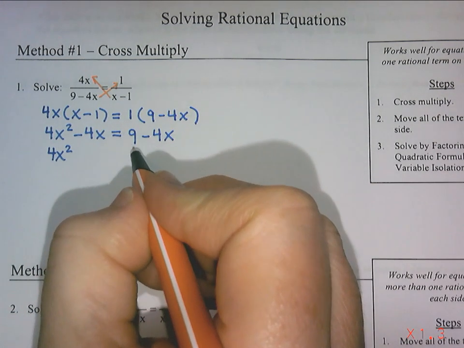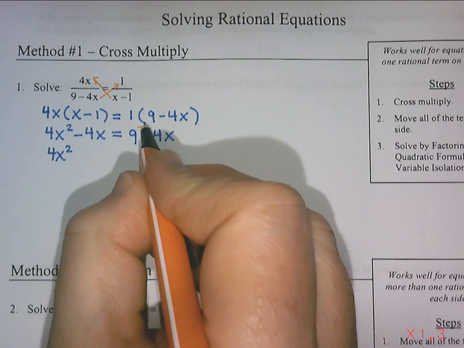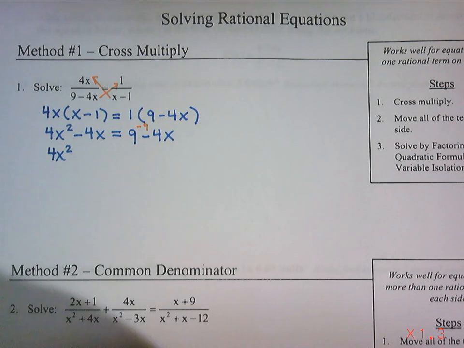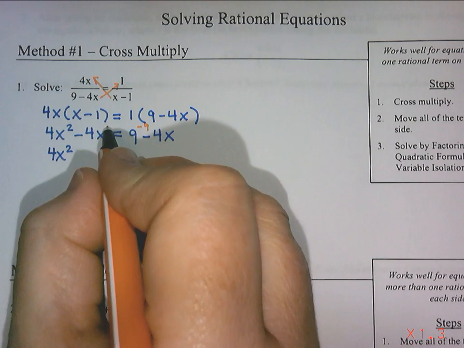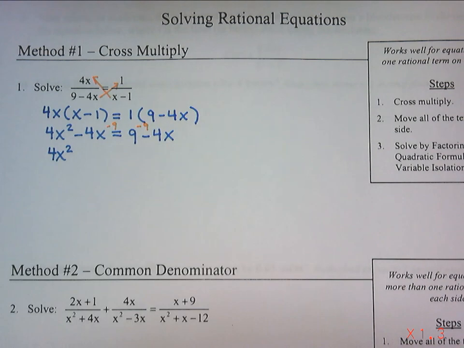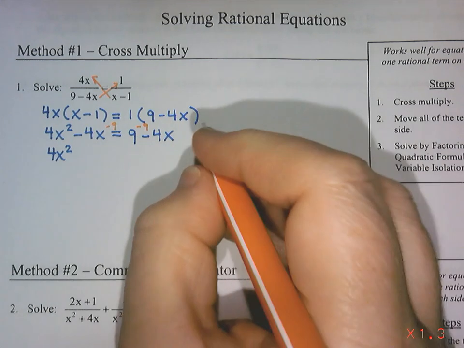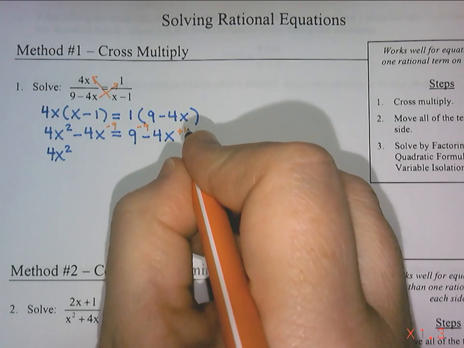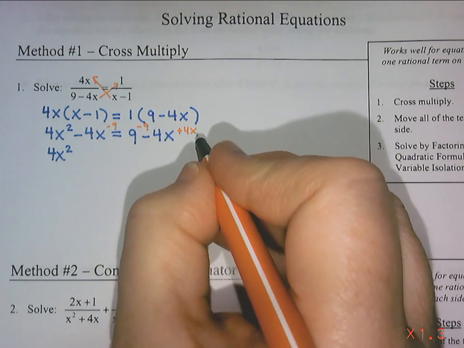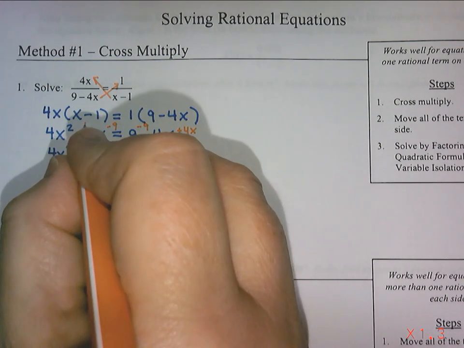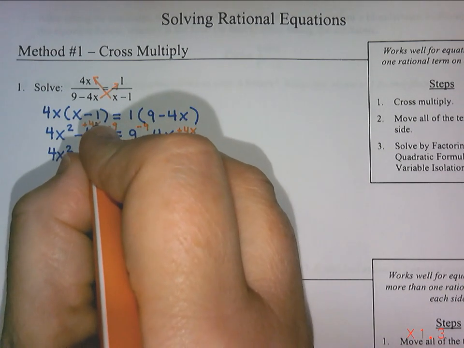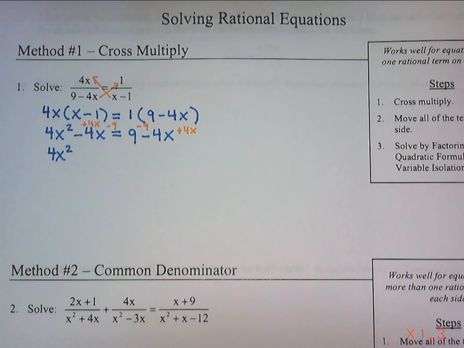To get rid of a positive 9, I would subtract 9 from both sides. I don't have another term that's just a number, so I'm going to write it there at the end. Then to eliminate a minus 4x, I would add 4x to both sides. I'm going to add this to its like term partner, which is the negative 4x on the other side.